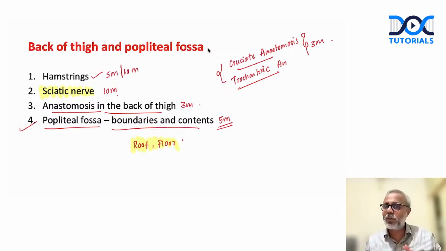This is where we will lose the marks, right? Ensure that you never miss the roof and floor for any of the fossae, for any of the triangles, let it be in the neck, the thigh, or the upper limb. Done. This is regarding the back of the thigh and popliteal fossa.